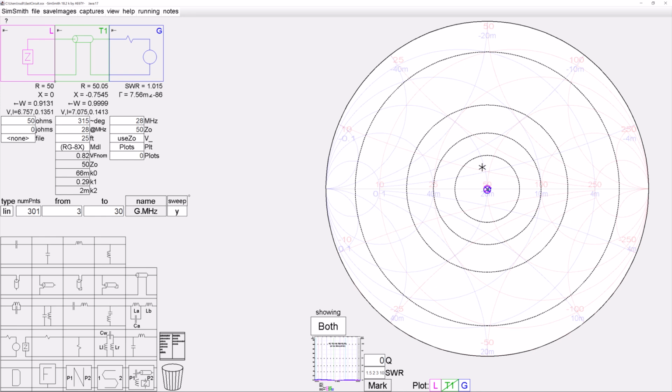Now what would happen if I went to 100 feet? Well, I'm going to lose just over 30% of the power at 100 feet for RG8X. Now I'm characterizing all of these Smith chart plots at 28 megahertz because the loss of coax goes up with frequency typically. And so I'm giving you the worst case situation for the HF bands.